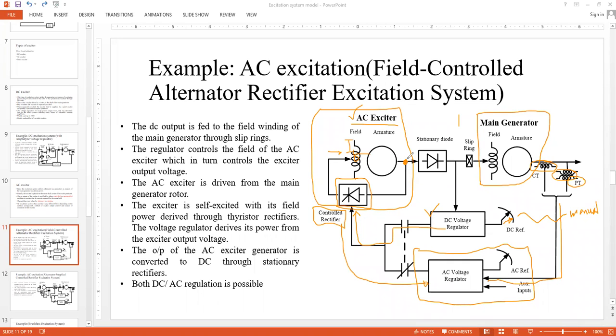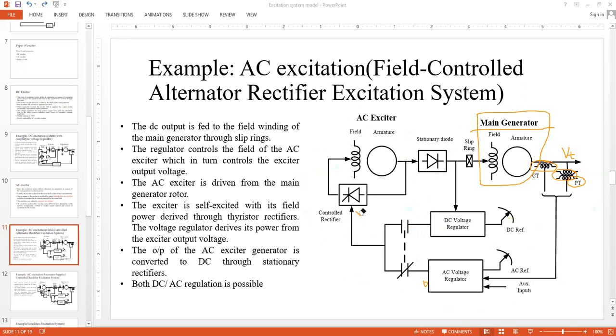And if you can control this output, this is AC, it is being passed through the stationary diode, that is the stationary rectification block, and then it would be provided to the main generator. So the control of this terminal voltage VT in this case is obtained not in a straightforward manner. Rather, the control is provided in this manner.